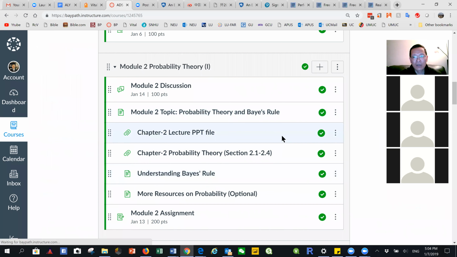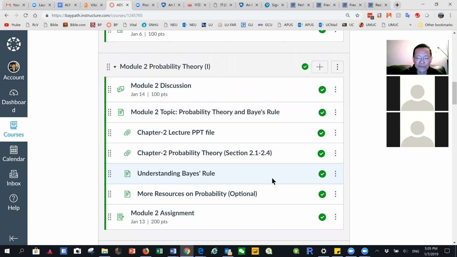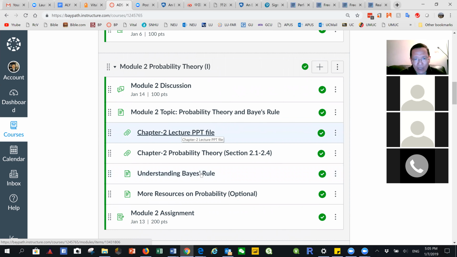What I will do is approach the material in a backward way, which means I will cover the assignments first, because I'm afraid that our time may run out before we could cover as much material as we can. So I will get into the course assignment first.